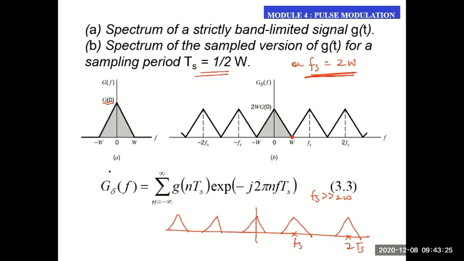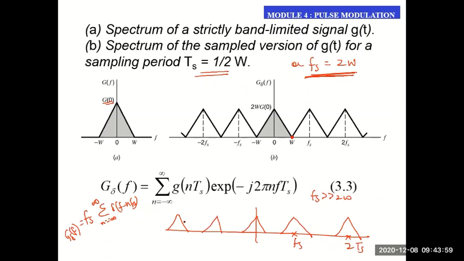Remember, the spectra are obtained based on the equation Fs into summation delta F minus nFs, right? We wrote this as G delta of F. This was the other expression for G delta of F. That spectrum we are writing. For now, you ignore this 2WG. I will come to that a bit later.